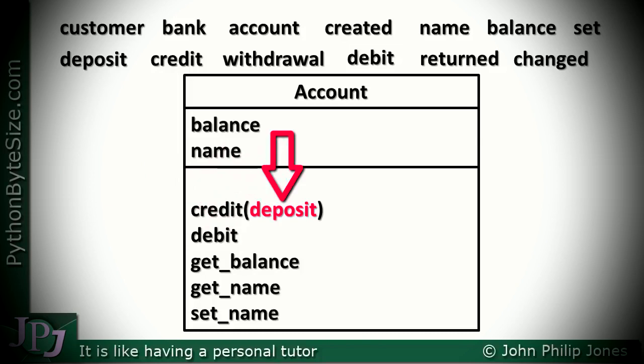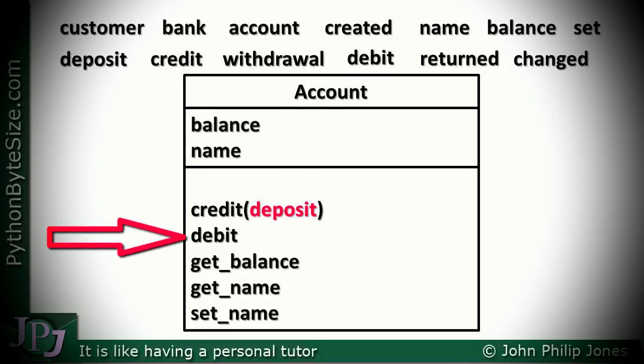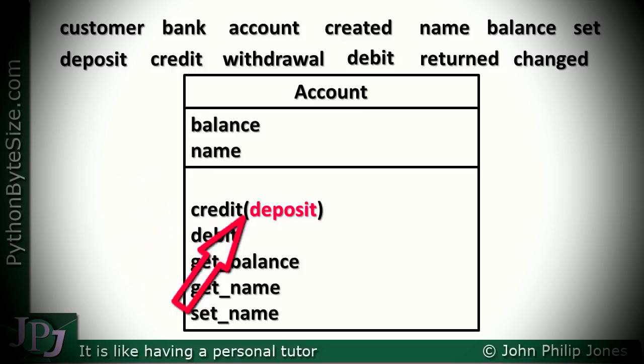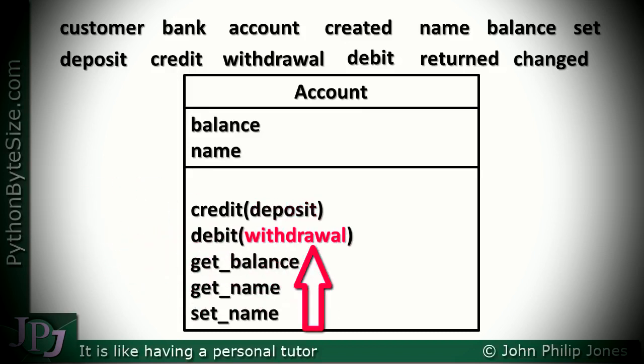So whatever is deposited will be added to whatever the current balance is. If we look at the debit, here, of course, we also need a parameter to be passed to this method, and I'm going to call that the withdrawal. So you can see here that I have used the deposit and the withdrawal, which you can see were in my list up here.